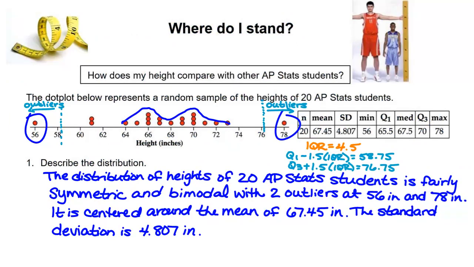Inches and then my period. Always stick units on everything. If it's got a unit, put it on there. Otherwise, imagine you handed this to someone and you said the standard deviation is 4.807 and they go, kittens? Like 4.807 what? What does that mean that the standard deviation is 4.807?